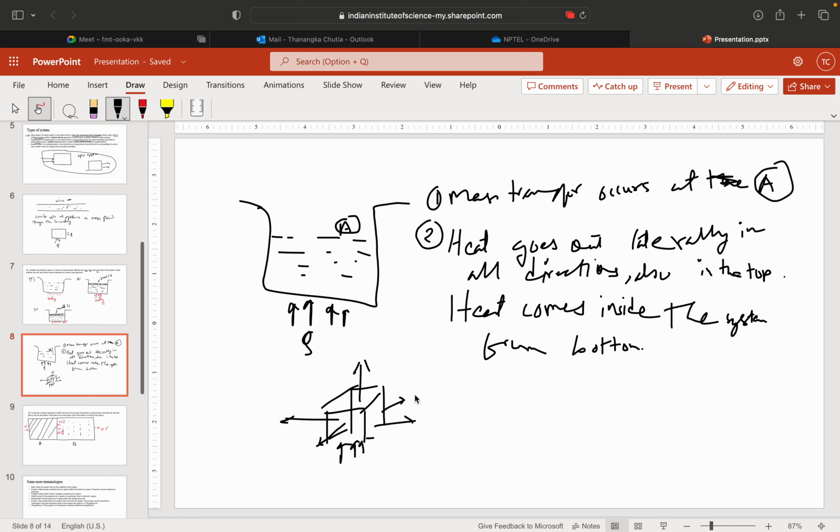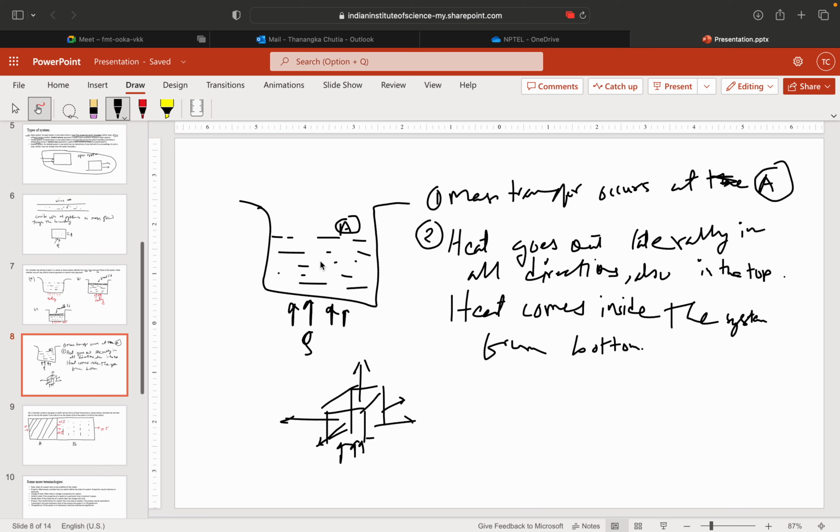Now the third one is the work done. What was the definition of work done? If whatever is happening inside the system can be converted into raising a weight in the surroundings, then this is called work done.